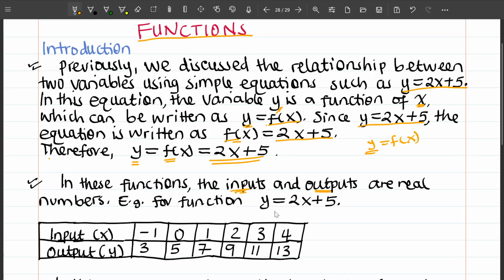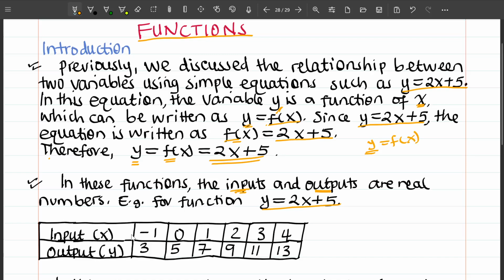For example, if we consider the function y equals 2x plus 5 and tabulate a small table, the input values are the values of x, and they give us the corresponding output values, which are the values of y.